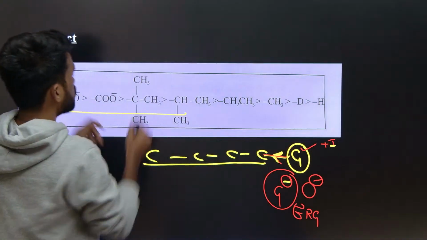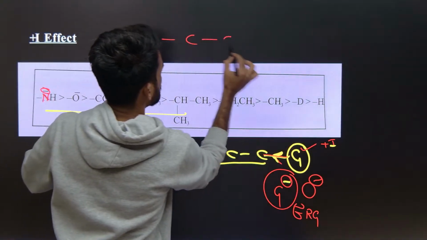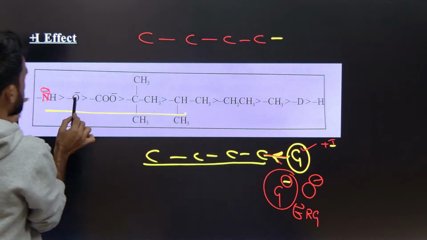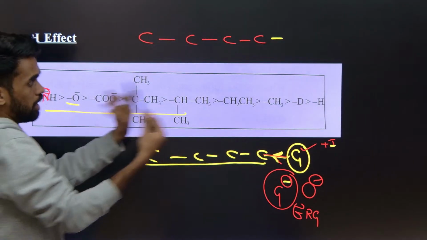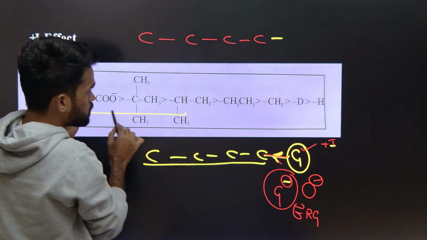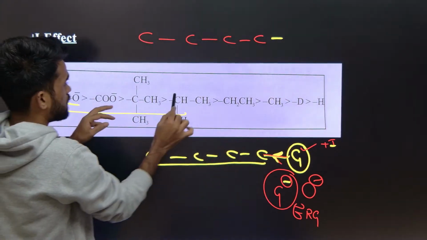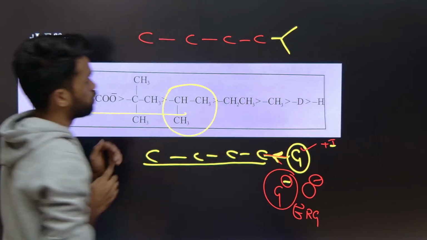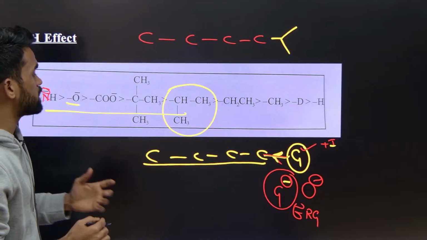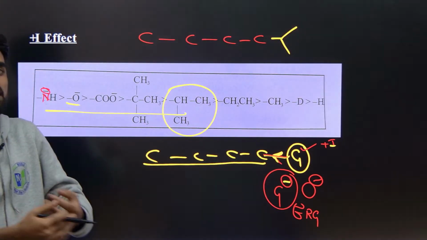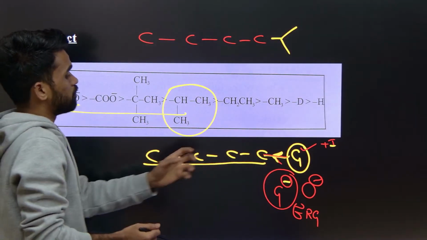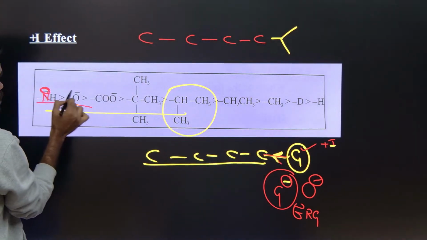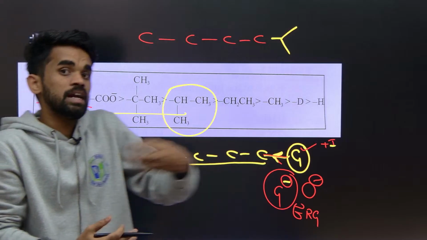Now, if we have a carbon chain like this, in the first case group G is something like O minus, and in the second case group G is an isopropyl group, attached here. In which case can more inductive effect, more releasing nature, be seen? When group G on this side has more negative charge, it will more readily give the electrons.